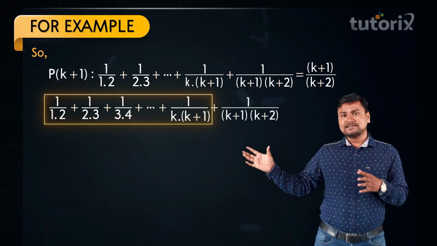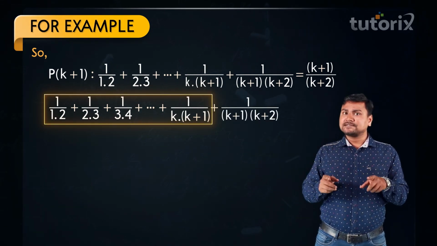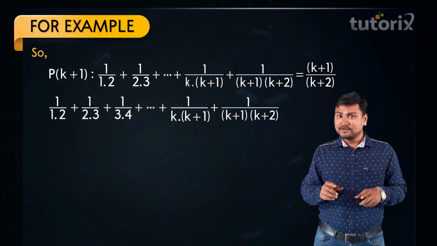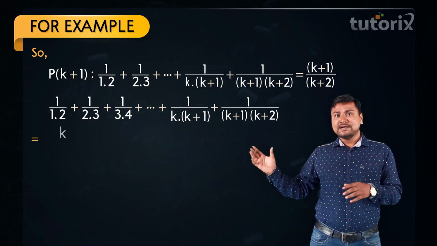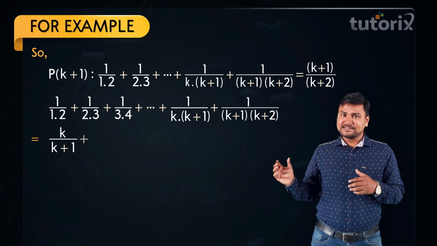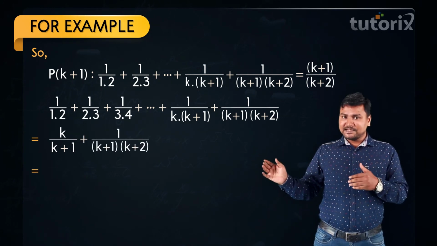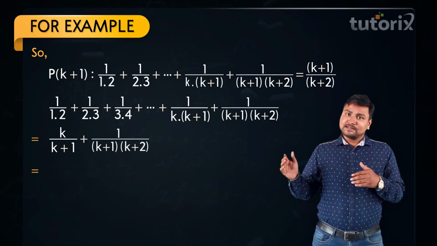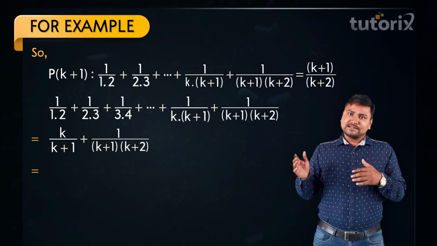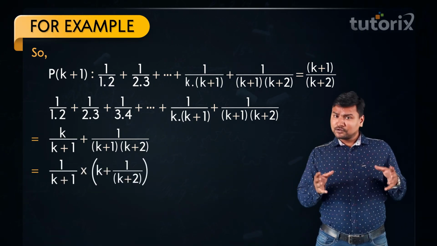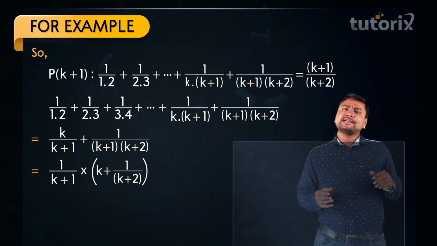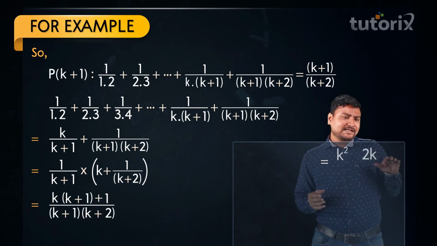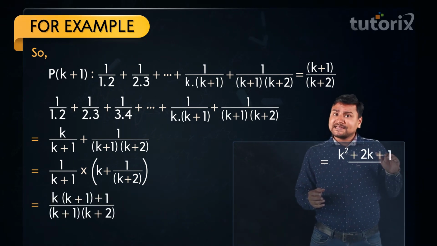Now observe that this is the sum of the first k terms, and by our assumption that Pk is true, this is equal to k/(k+1). So basically the sum will be equal to k/(k+1) plus 1 by (k+1) times (k+2). Now after solving this, we get 1 upon (k+1) times (k^2 + 2k + 1)/(k+2).